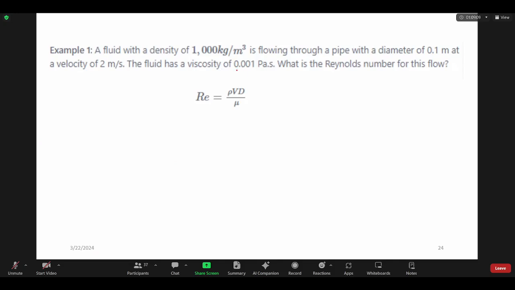Viscosity is 0.001, that is mu. You can directly apply it to the equation and after that you can get the answer. Answer is how much?